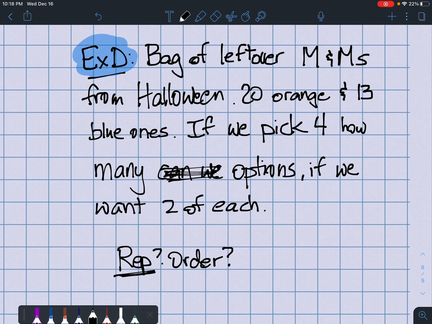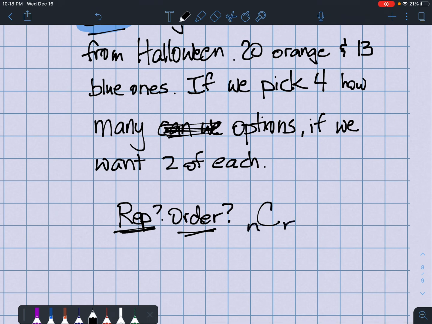All right, can you repeat? No, unless you want to lick a candy and put it back. That's probably not a good idea. Number 2, is order important? No, doesn't matter how we grab them. We just want 2 of each. So this is telling us combinations. All right, nCr. And order does not matter either. So no, no. All right.